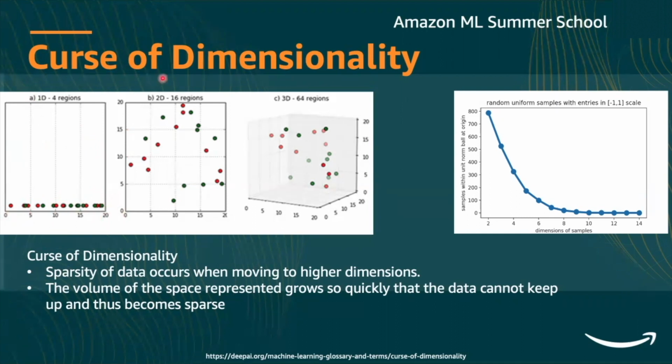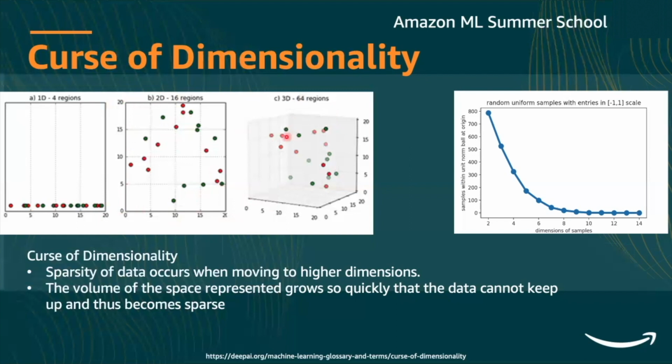But if you move to 2D and you uniformly randomly sample from a 20 cross 20 grid, and let's say 15 to 20 samples, you see there are 16 regions, right? And a majority of the regions are empty. Similarly, if you go to 3 dimensions, you'll have 64 regions for 20 samples.